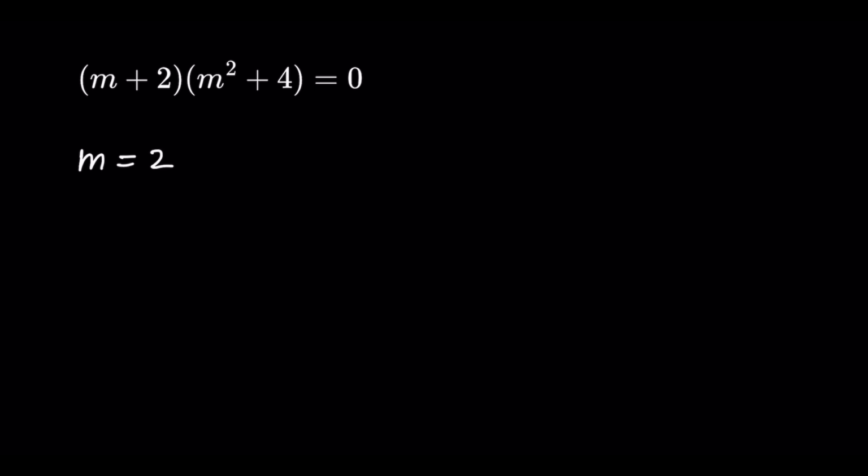We know that it is going to be -2 from m plus 2. And for m squared plus 4 equated to 0, we get, we know that the square root of -1 is equal to iota, which is imaginary.